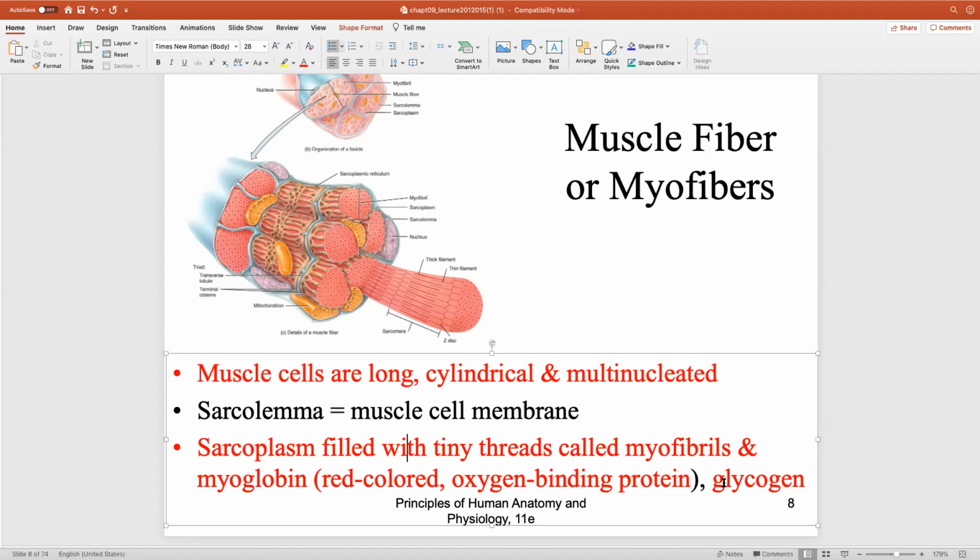Once we make the glycogen, when we need it, we just break it apart. As we break it apart, the individual glucose molecules will be used along with oxygen from myoglobin. They will both be used to drive oxidative phosphorylation, the Krebs cycle, and the mitochondrial electron transport. So then we produce a lot of ATP.